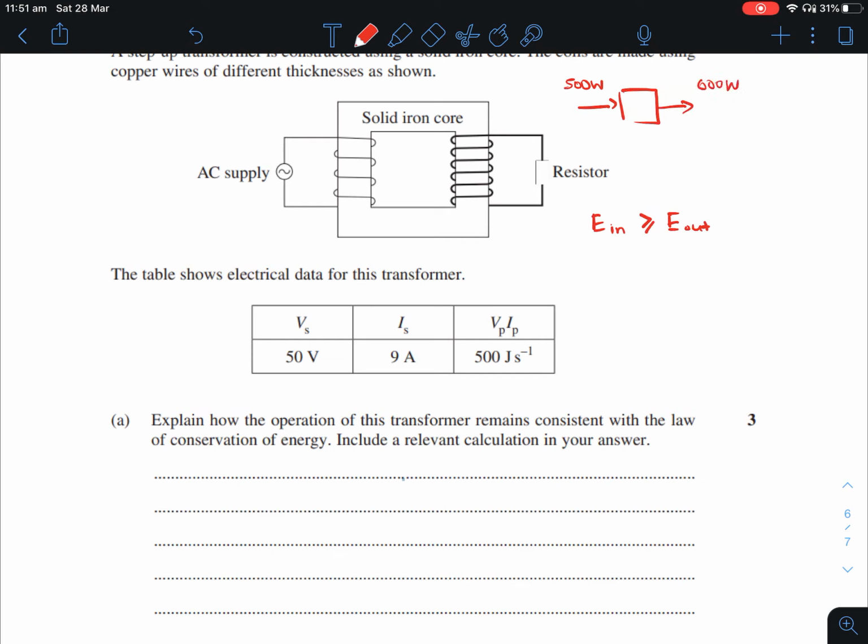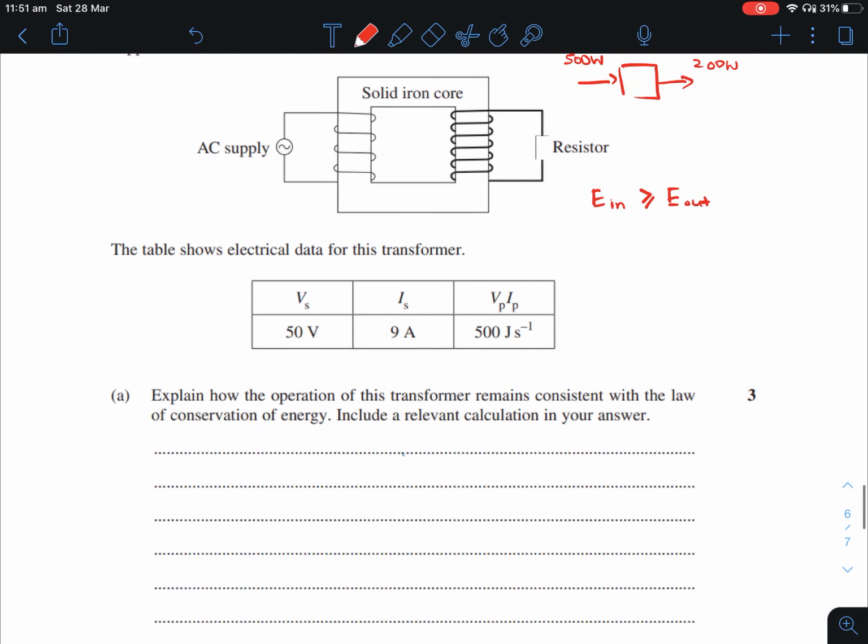That violates the law of conservation of energy. But if I put 500 watts in and I get 200 watts out, that's okay. There's just a lot of loss of energy. That's fine. So if energy in must be greater than or equal to energy out, in other words, power in must also be greater than or equal to power out.